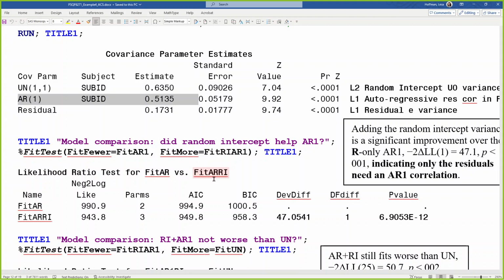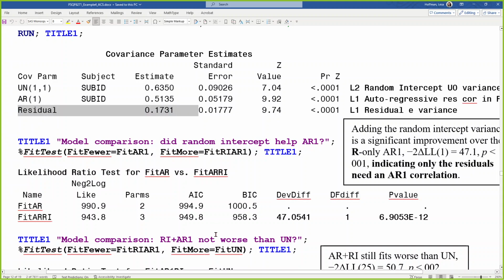That controls how correlated your E level 1 residuals are, and that gets squared if it is 2 occasions apart, cubed if it's 3 occasions apart, fourthed if it's 4, and so on. And then residual is the E variance now specifically. So that's the variance of the E that remains at each occasion after factoring out the random intercept and sticking it over in the G matrix. So 3 terms.